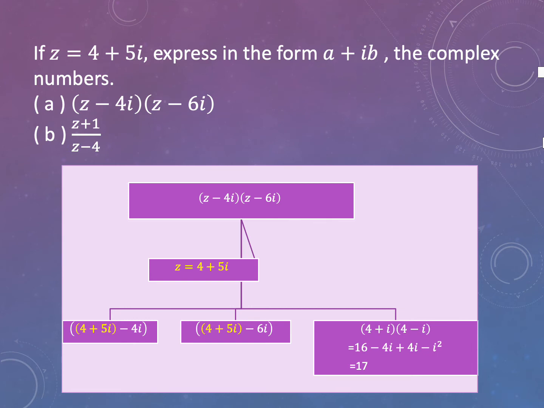Question A. z minus 4i multiplied with z minus 6i.